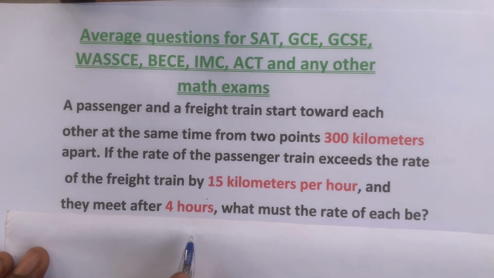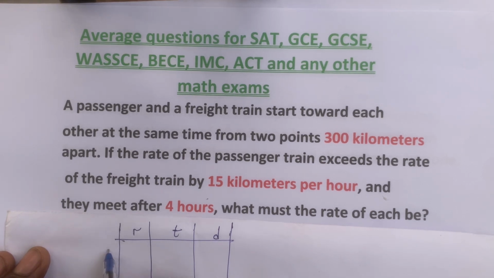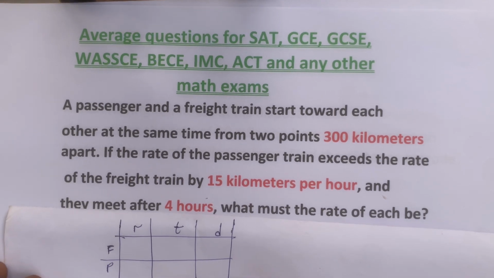Our table is going to be the rate, the time, and the distance. We have the freight train, that is F, and then we have the passenger. Hope you can see that in a very simple way.